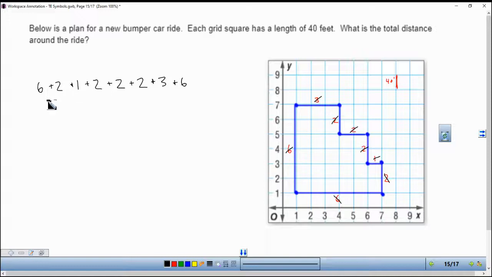Okay, let's add these things up. So we have 6 plus 2, which is 8, plus 1 is 9, plus 2 is 11, plus 2 is 13, plus 2 is 15, plus 3 is 18, plus 6 is 24.